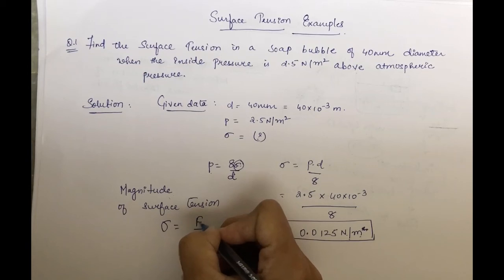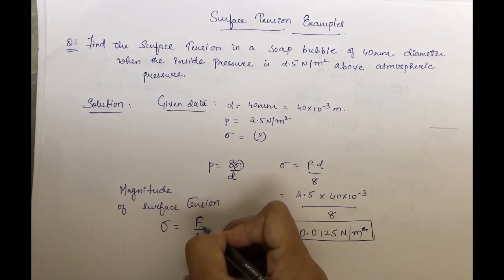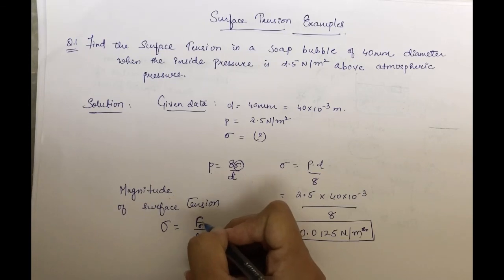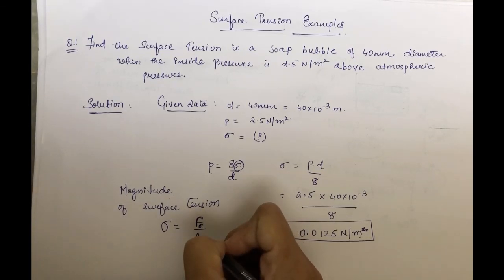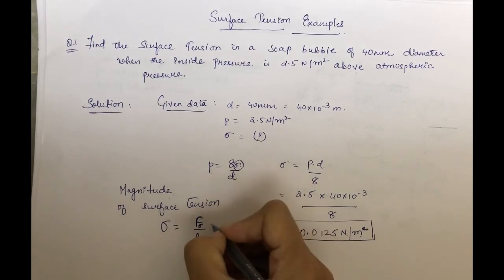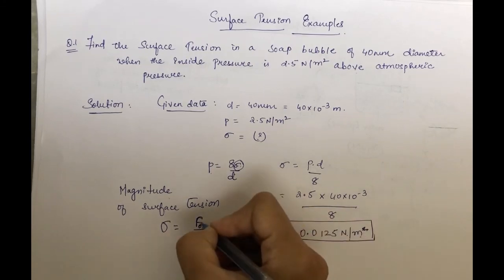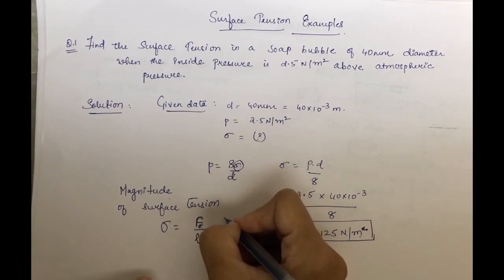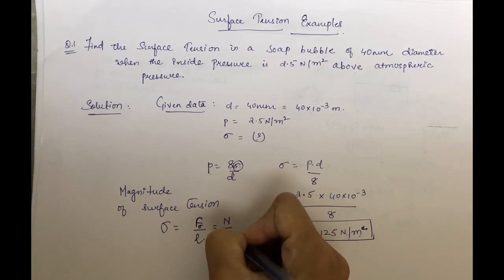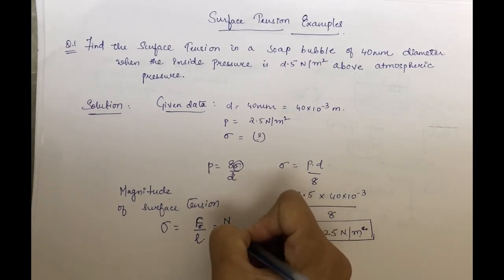That is the tensile force which is occurring at the surface interface. So the tensile force divided by unit length gives the surface tension. So it is sigma equals F upon L, and from this we can say that the SI unit of force is Newton, and for length it is meter. So the unit is Newton per meter.